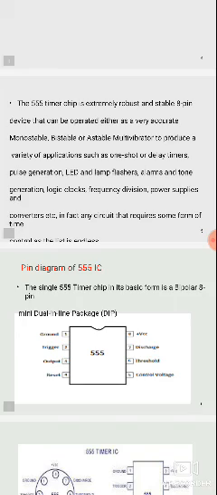These are the various functions of the 555 timer chip. It is mostly operated as a multivibrator, astable, monostable or bistable, and it produces time delays and can also generate pulses.